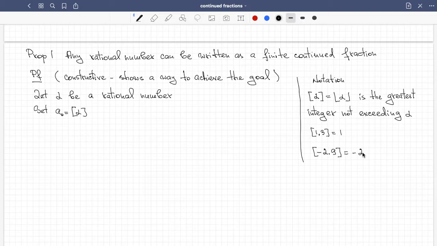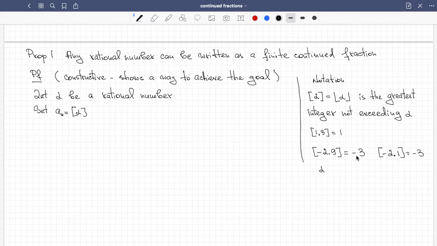In particular, negative 3 down. Sorry. And negative 2.1 is also negative 3, always down.